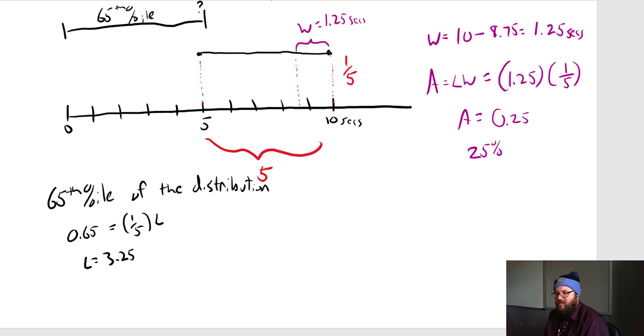Now the trick here with this is, again, the light wouldn't start, or wouldn't have a possibility, shall we say, of turning off until 5 seconds. So you need to make sure that in the 65th percentile you add that 5 seconds. So we're simply going to take that 3.25 plus the 5 seconds is 8.25 seconds.